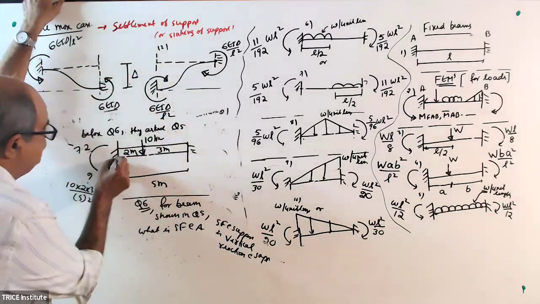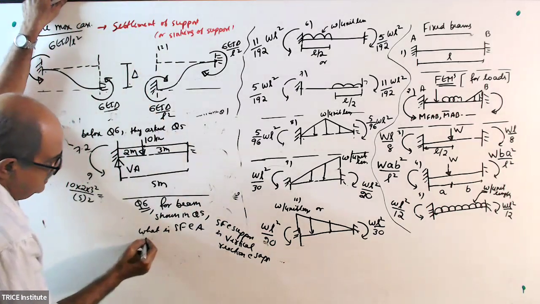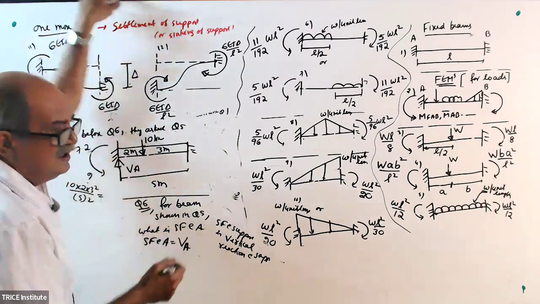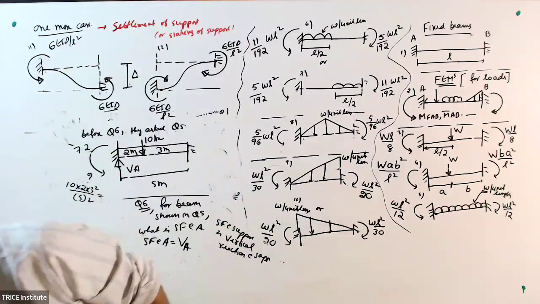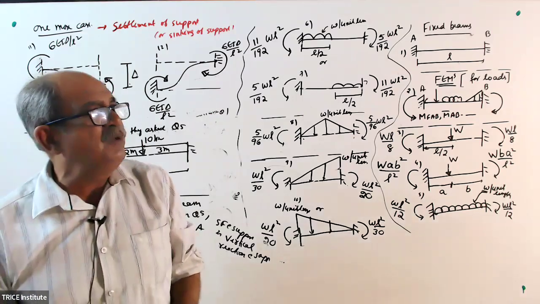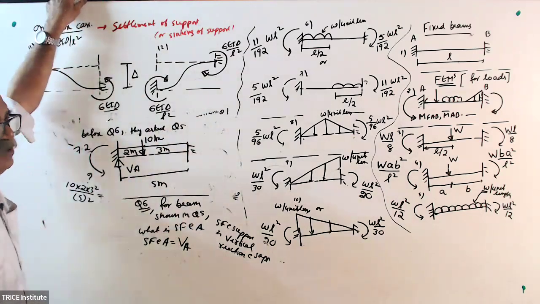So if there is a vertical reaction VA here, then shear force at A is equal to VA. Clear? Shear force at A is VA. It's very easy to tell 0. Therefore, they want the value of VA for this question.